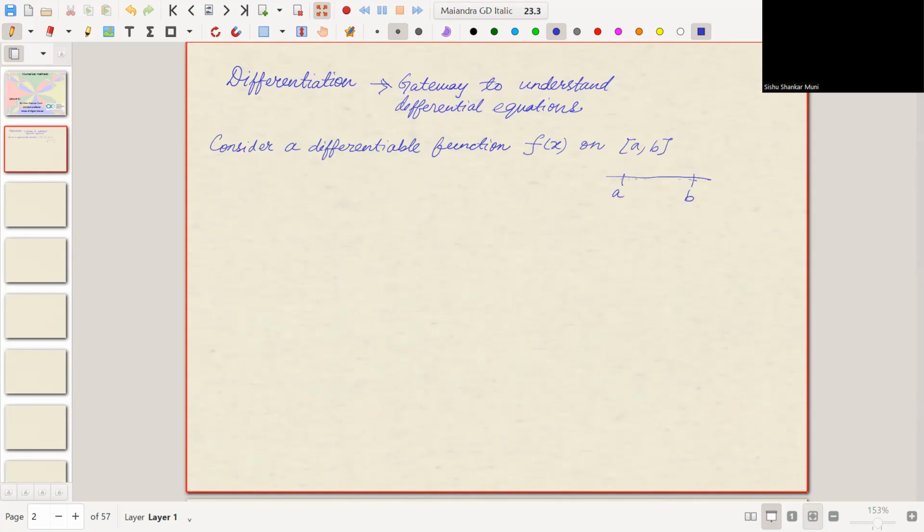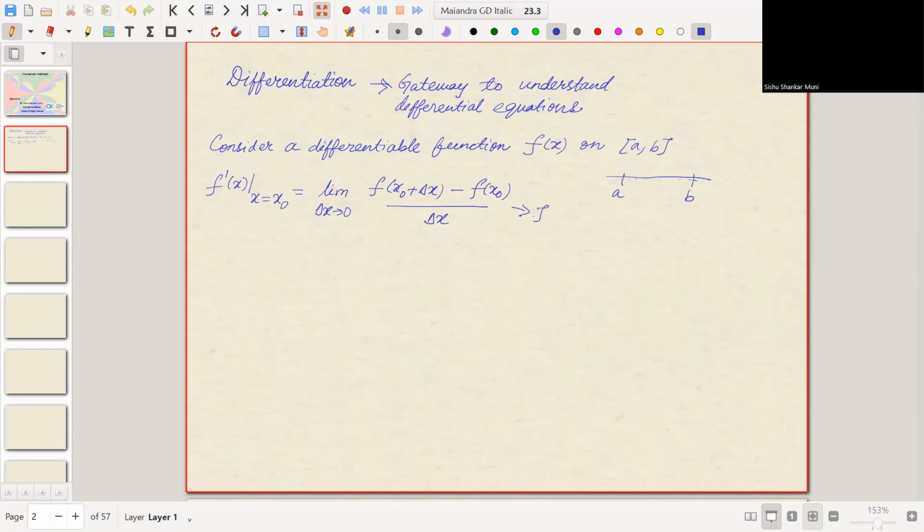And we know from our previous knowledge of calculus, f dash x, say I'm trying to evaluate at a point x naught, how is it defined? You can use the limit definition: limit delta x tends to 0, f of x naught plus delta x minus f of x naught, divided by delta x.